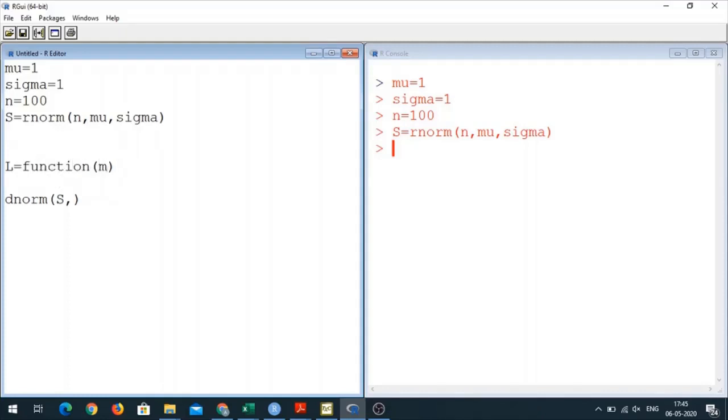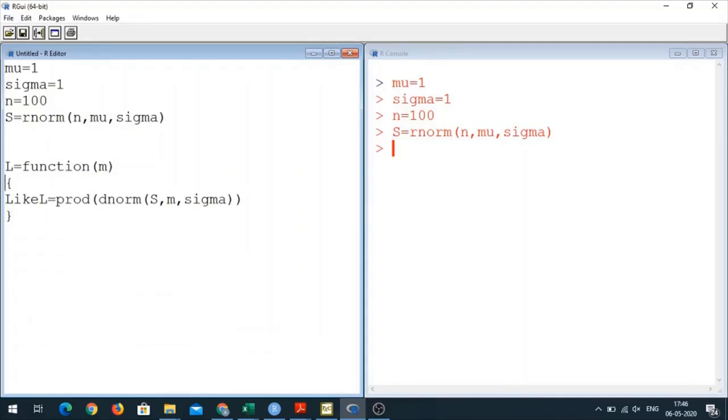Let me call it m because I already have a mu defined over there, and my likelihood would be L, suppose likelihood is this: dnorm of s, mean is m and sigma is 1, because we are creating it as a function of m. Of course I want to take product. Okay, let us try to see if this runs.